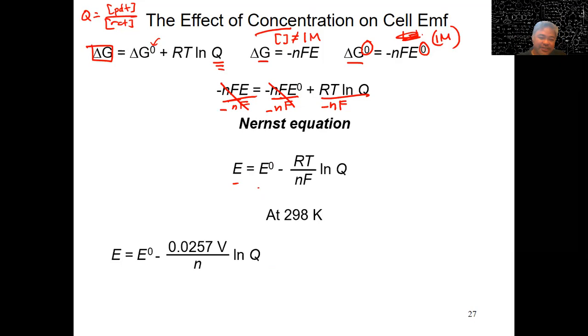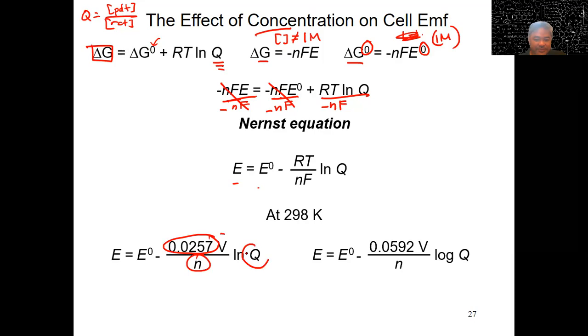At the standard temperature, you can have this value divided by N. So everything depends on the Q, which is your ratio of the product over the reactant. So anong ibig sabihin nito? Kapag nabago yung concentration mo sa given cell, pwedeng mabago yung cell potential mo.